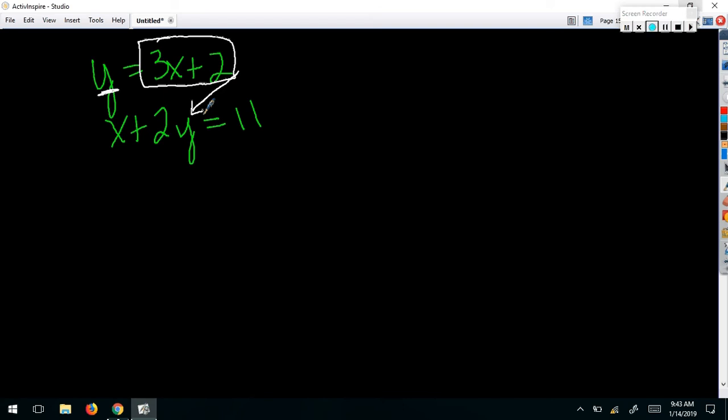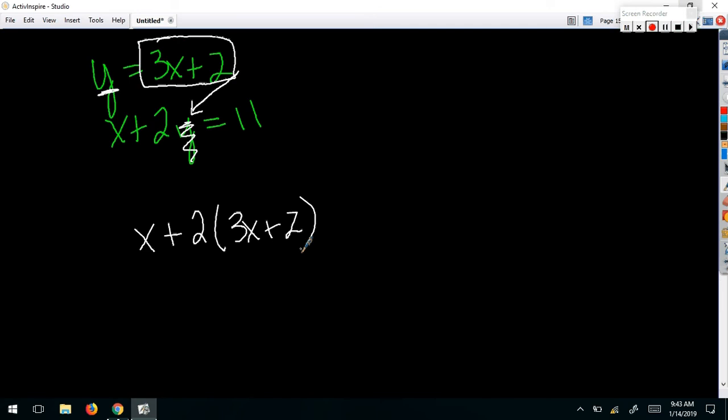If y equals 3x plus 2, then I can take the second equation and replace this y with 3x plus 2, because y and 3x plus 2 are the same thing.